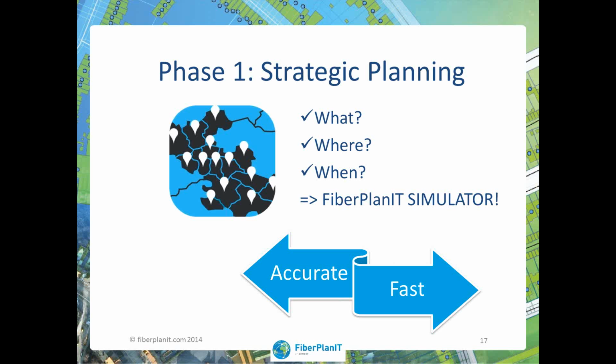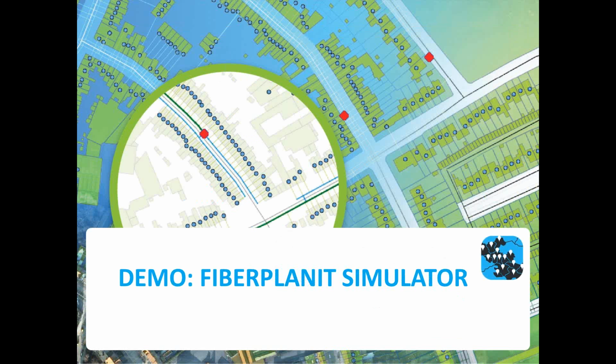But on the other hand, you also need accurate figures for deciding these things. And this big challenge is something where the FiberPlanIT simulator offers a unique solution. So let's now look at the tool itself, how it works, and how it can support these strategic questions.